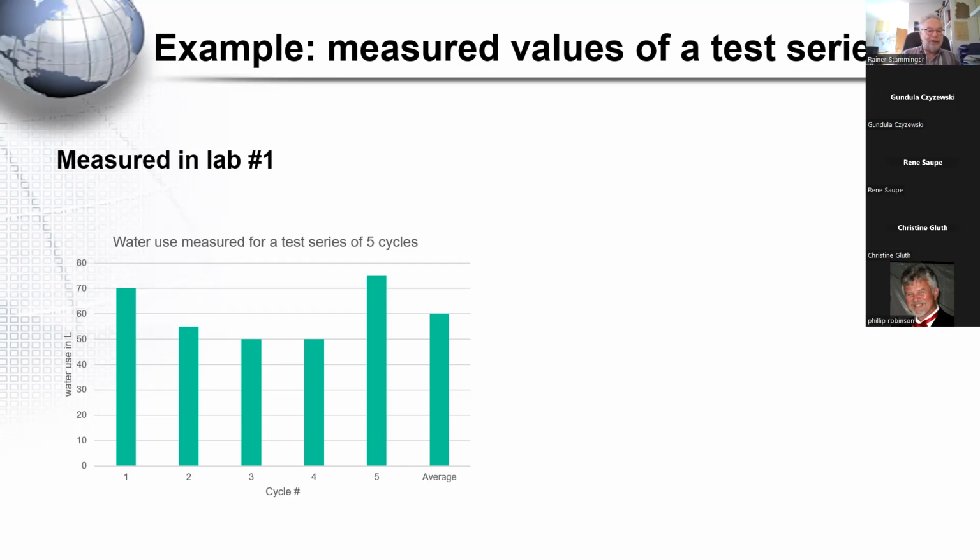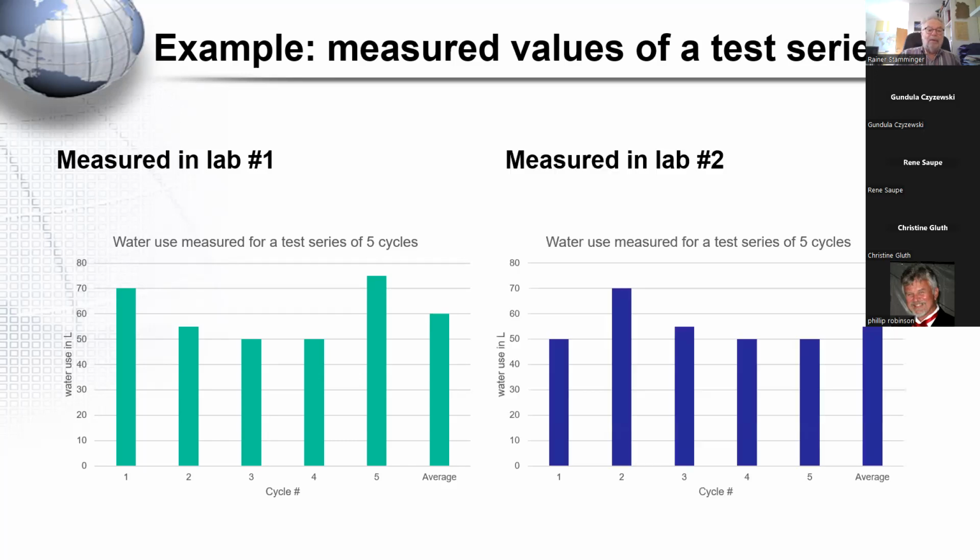When we take the same machine and give it to a second laboratory, or we measure it again in the first laboratory, we may end up with these data here. So we start with 50 liters, then we have 70 liters, 55, 50, 50. The average would be 55, so 5 liters lower than in lab 1 or measurement number 1.